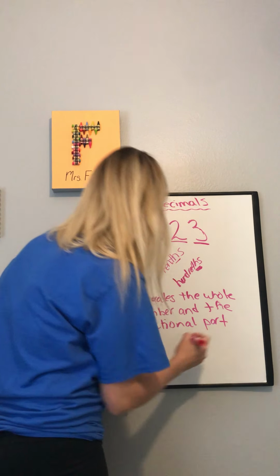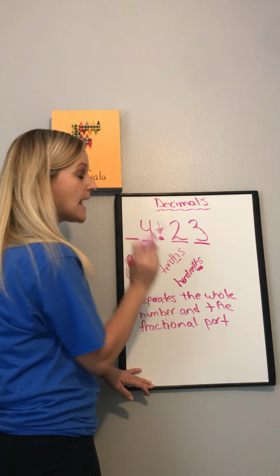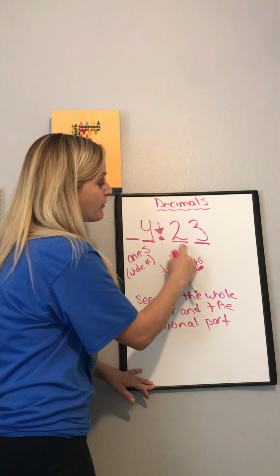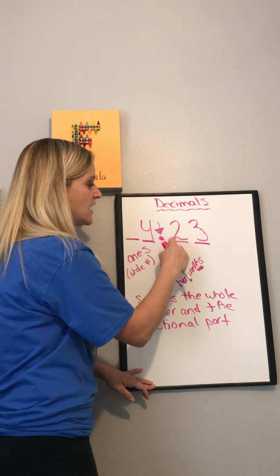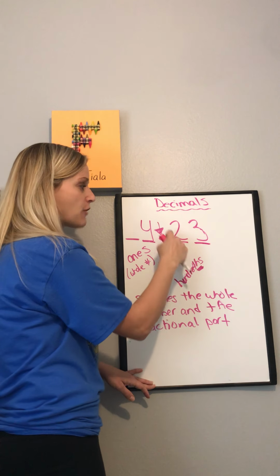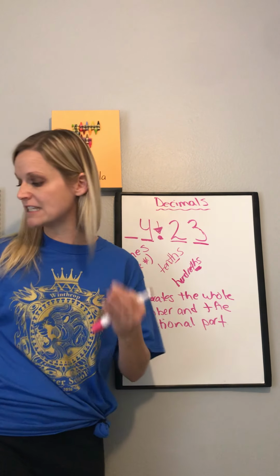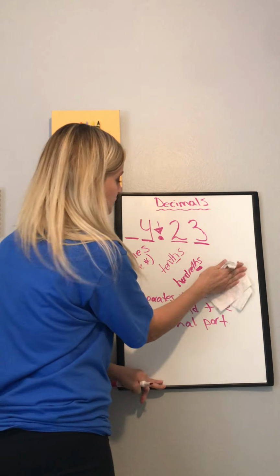Okay? So this decimal point separates the whole number, remember we said that's the whole number, from the fractional part. Because this we're going to write as a fraction, okay? That's the fractional part, okay? That's what the decimal point does, alrighty?